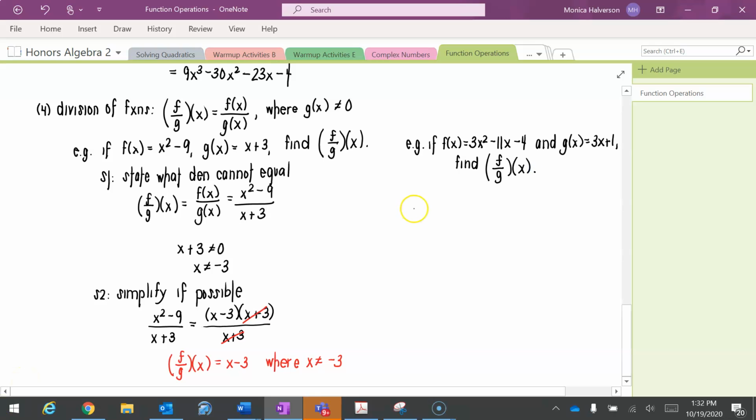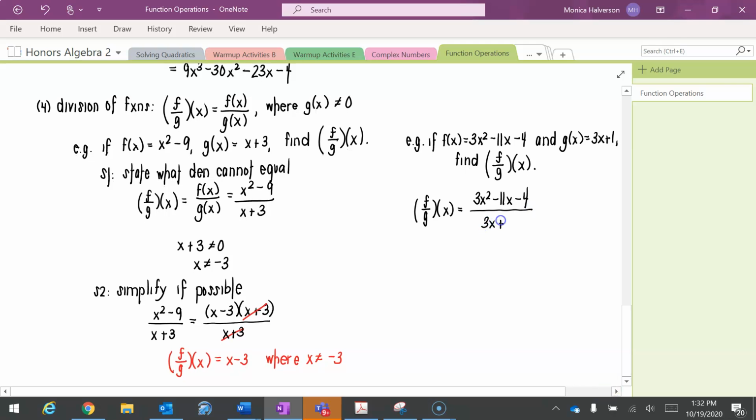Okay, so if we did this, we have f divided by g of x, which is 3x squared minus 11x minus 4, all over 3x plus 1. So the first thing we're going to do is say 3x plus 1 can't equal 0. So 3x can't equal negative 1. So x can't equal negative 1/3. The next thing we're going to do is simplify.